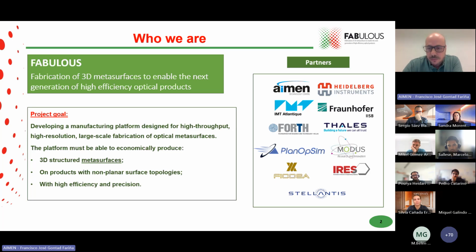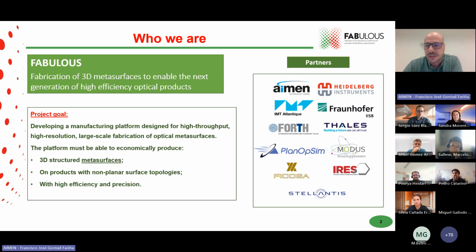So the platform should be able to fabricate these metasurfaces in a 3D tailored way to produce these structures on top of both planar and non-planar surfaces, and as well keep high efficiency and extremely high precision.